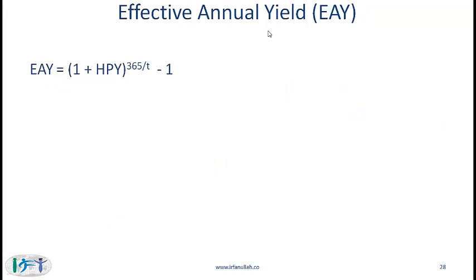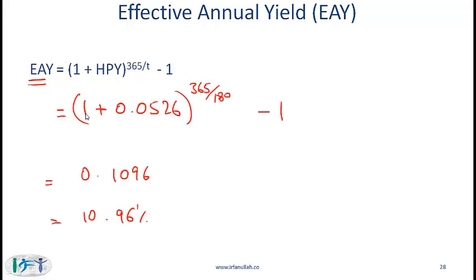And finally, the most precise measure is the effective annual yield, where we take 1 plus the holding period yield. In our example, the effective annual yield is 1 plus the holding period yield raised to the power of 365 over 180 minus 1. So notice that we are compounding now, given that we are using an exponent.